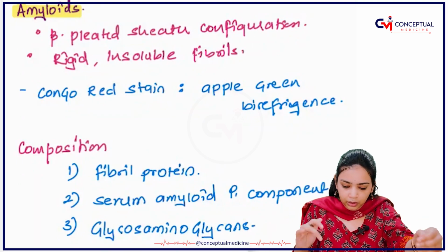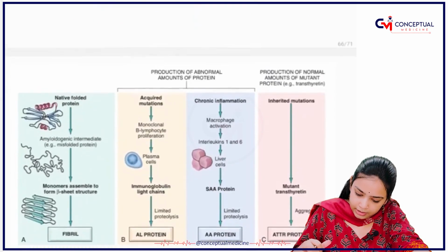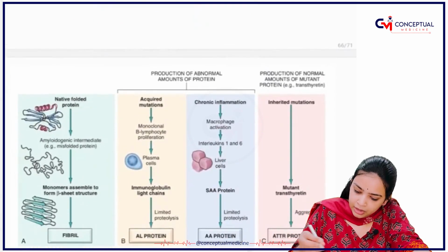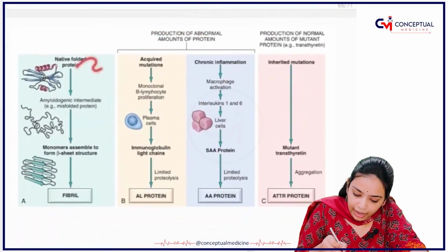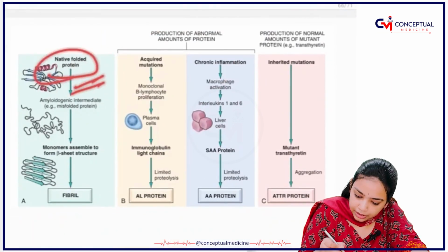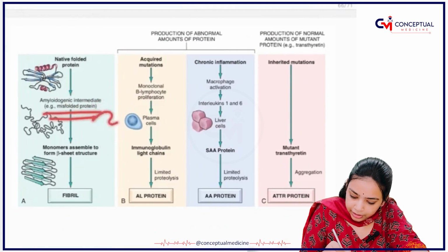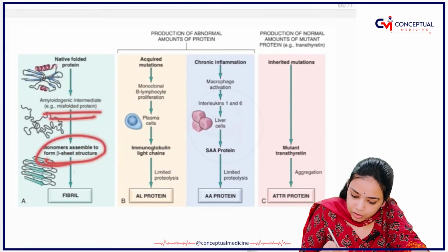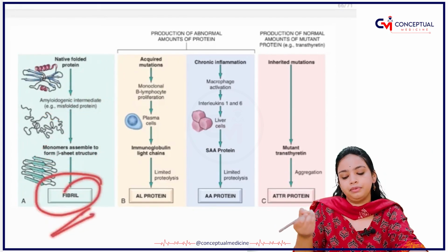Now, look at this figure, which I have taken from your Robbins textbook. You have the folded proteins. What do the folded proteins do? They become misfolded proteins, as a result of which they convert into beta-sheeted structures and finally form the fibril.